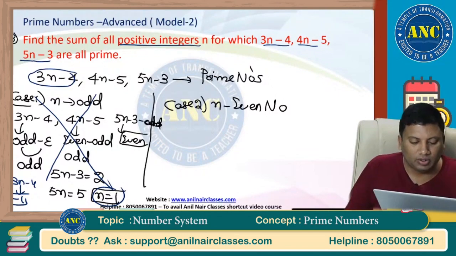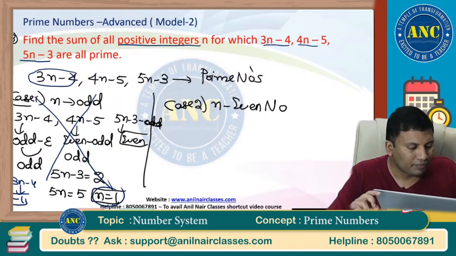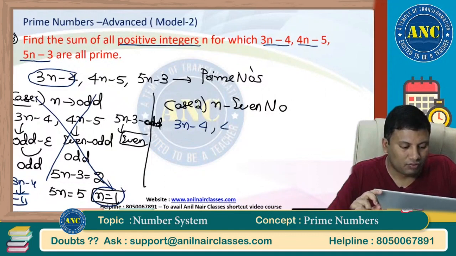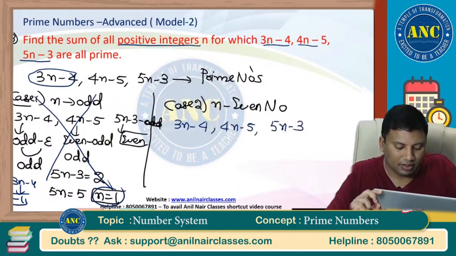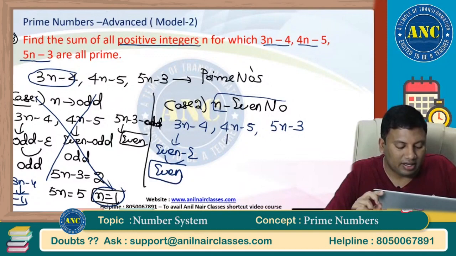Case number 2: n is an even number. Now if you see here, 3n minus 4, 4n minus 5, 5n minus 3, n is an even number. Even into odd is an even number. 4 is an even number, even minus even is even. Even into even is even, even minus 5 is an odd number.